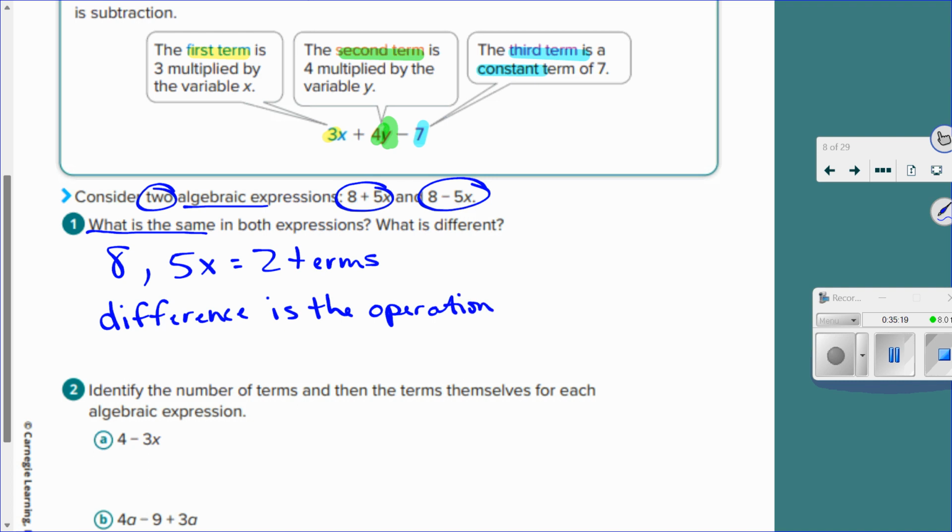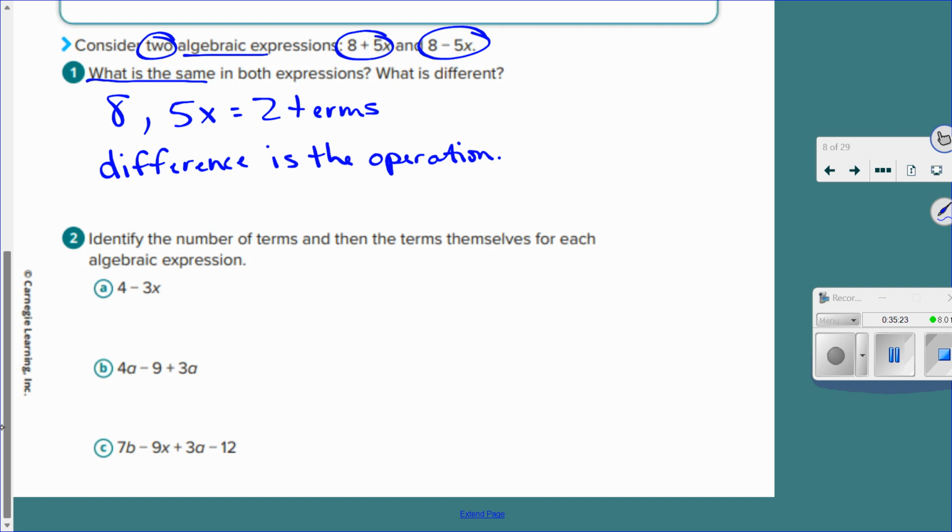So if we look at this, identify the number of terms and then the terms themselves for each of these. How many terms do you see in part A? You should see 2. So I have 2 terms. I have 4 and I have 3x. And the second one, I have 3 terms, although we'll get to the point where you realize there's actually only 2.